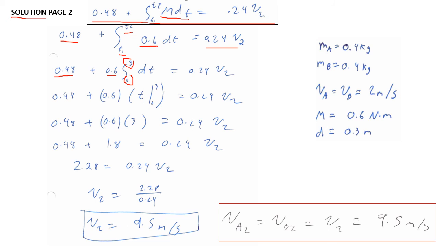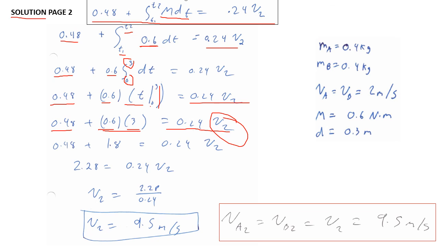From there, we can do our integration. The integral of dt simply becomes t, so we end up with 0.48 plus 0.6 times our t value evaluated from 0 to 0.3 is equal to 0.24 v2. Do out those limits, and we end up with 0.48 plus 0.6 times 0.3 is equal to 0.24 v2. Our only unknown in this case is our v2, but let's rearrange and simplify.